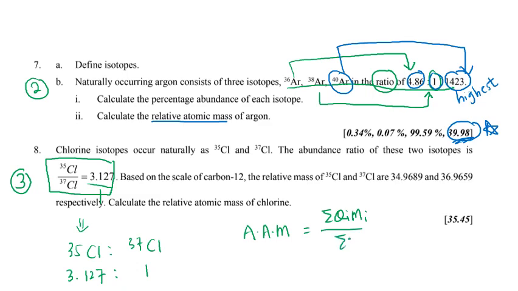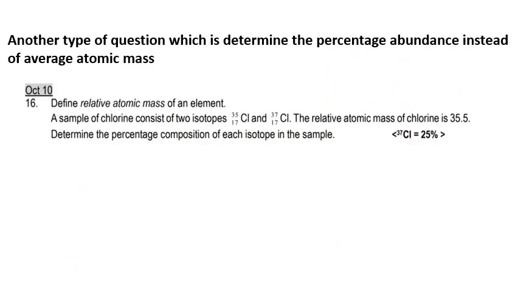you have to make sure the value that you substitute here always represents the abundance. In this case, the abundance for question 7 is the total of 4.86 plus 1 plus 1423, while the abundance for question number 8 is 3.127 plus 1, which is equal to 4.127.